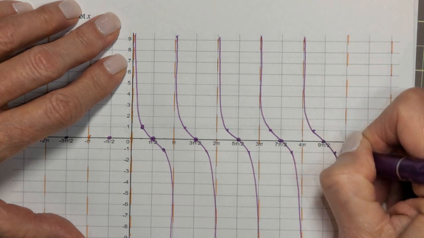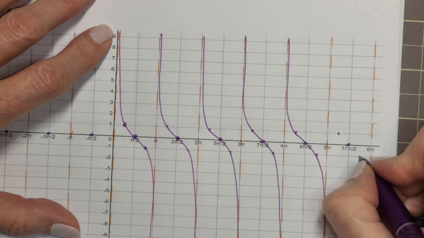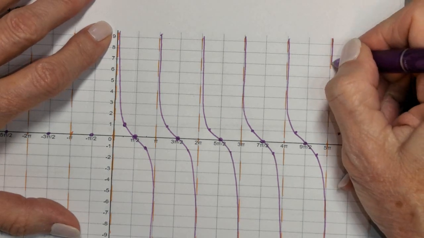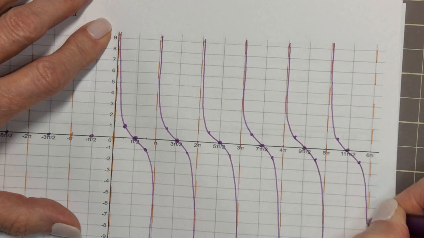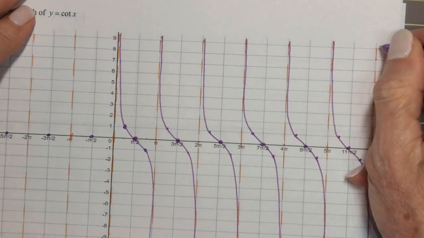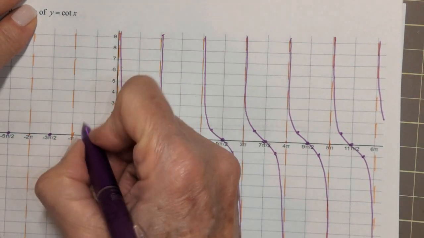Probably didn't have to put all of these. I didn't have to go all the way to 6 pi, but I wanted you guys to see how it is repeating. Okay, I'd even draw a little bit up here, show what that's doing.